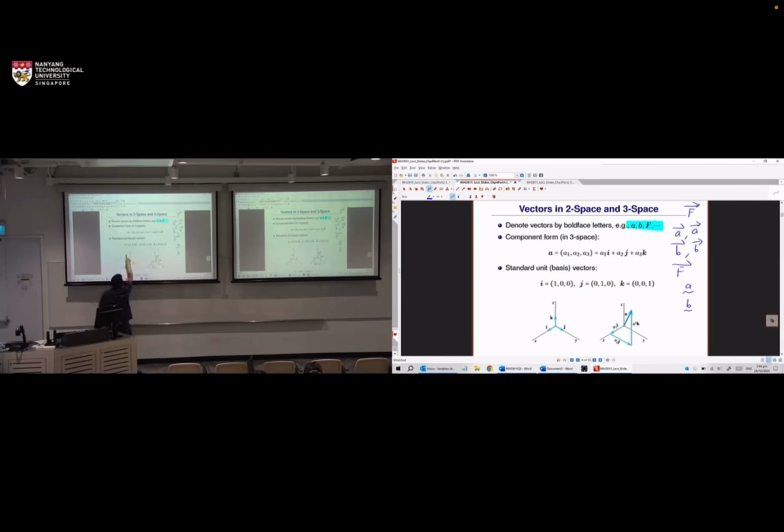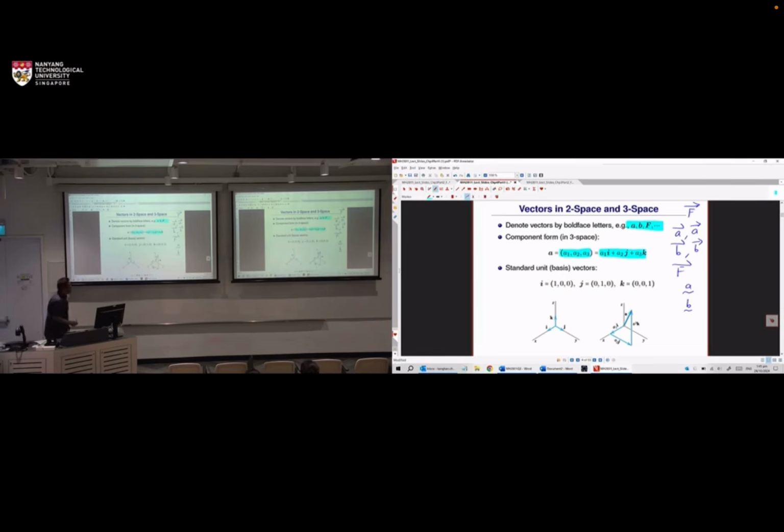In component form in 3D space, the bold A has 3 components: A1, A2, A3. We can write it this way, or we write it with the i, j, k.